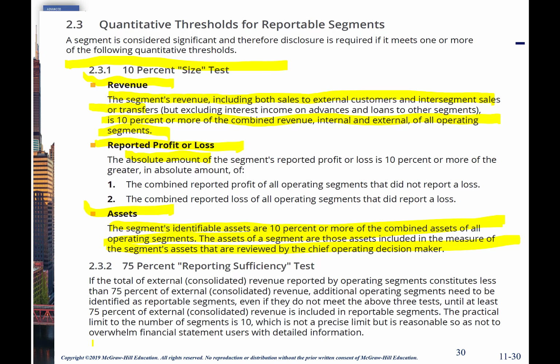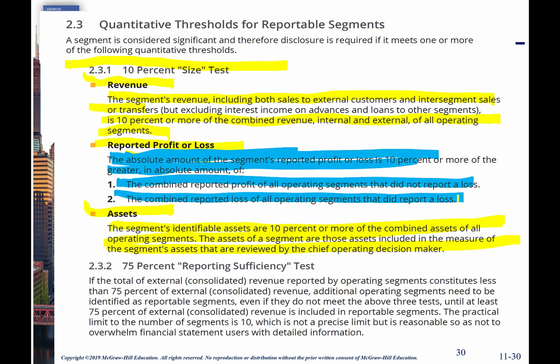So we're going to take all the profitable segments, add their profit together, take all the loss segments, put them in a column, add those losses together, multiply the profit total by 10%, multiply the loss total by 10%, and whichever one of those gives us the larger absolute value becomes our threshold to determine the profit or loss size that would be big enough to constitute reporting of a segment.